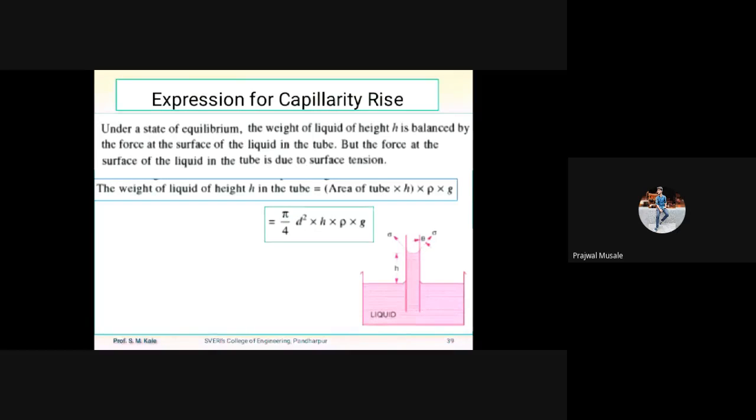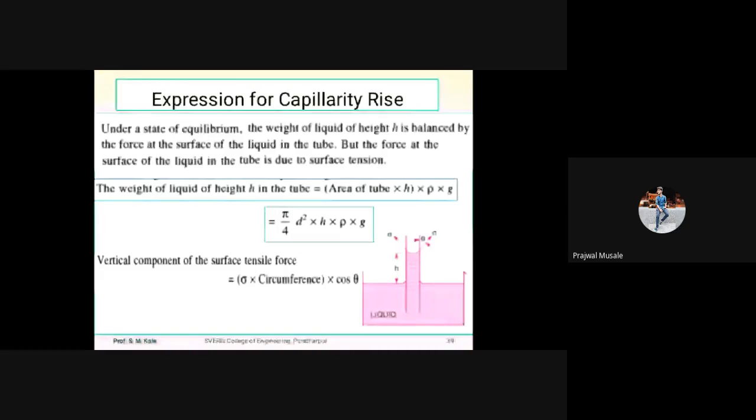This weight is acting in the vertically downward direction, whereas the tensile force sigma will be acting in the vertically upward direction. If I want to calculate the vertical component of the tensile force, at the top of that capillary tube you can see that sigma, the tensile force acting on the surface in the capillary tube, makes an angle theta.